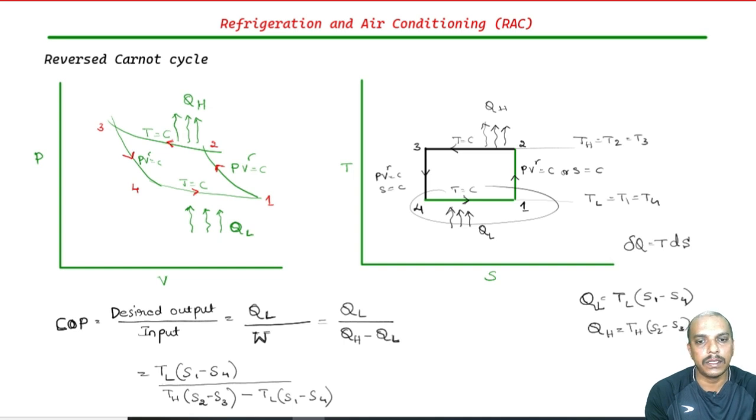Now, if you look at this diagram, you know that S1 is equal to S2 and S3 is equal to S4. So, that means S2 minus S3 and S1 minus S4 are equal, so this cancels out. You will remain with COP equal to TL divided by (TH minus TL). So, this is the equation for COP of the reversed Carnot cycle. We will see more in the next class. Thank you.